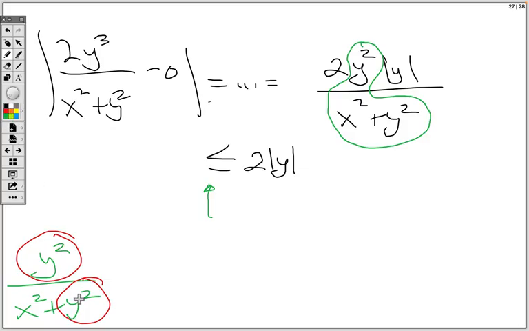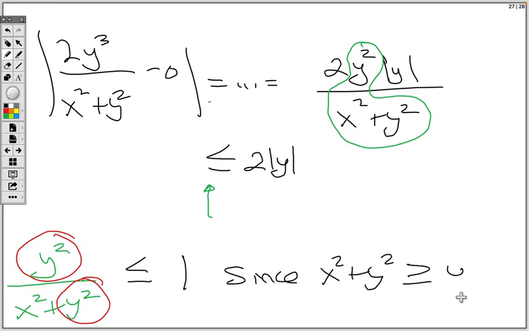Yeah, it's always smaller, because I've got the same thing here, y squared, but I'm adding some positive number to it. So once again, this is going to be less than or equal to 1, since x squared plus y squared is always going to be bigger than or equal to y squared. Does that make sense?